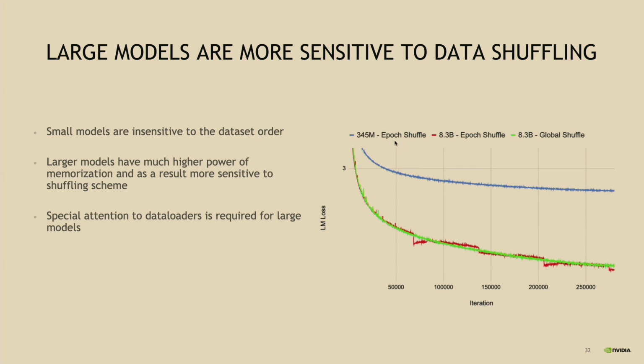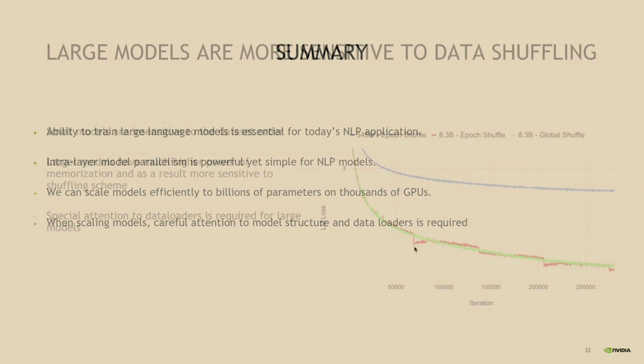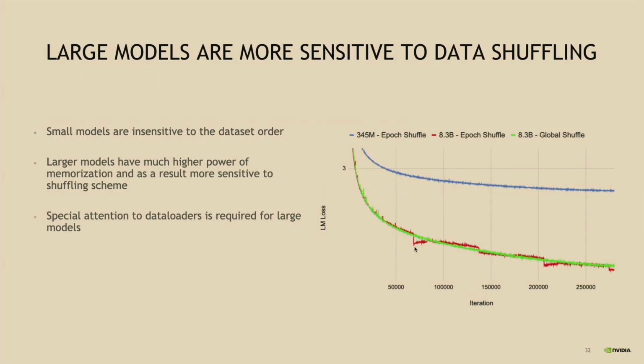But when we scale that with the same data loader to 8.3 billion, we see that there are actually kinks at the boundary of the epochs. These models are a lot more powerful and have more capacity to memorize. When we switch to a global shuffle, we see that these kinks go away and the loss curve becomes very smooth.